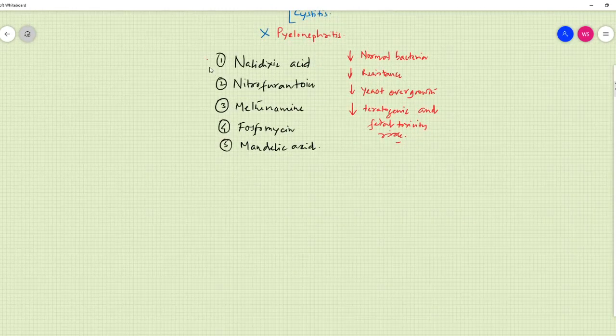It has limited bactericidal action, and it's also used for chemoprophylaxis. What is prophylaxis? It is prevention. It is an inhibitor of DNA gyrase. That's the mechanism of action of nalidixic acid. As a result, the replication would be inhibited.